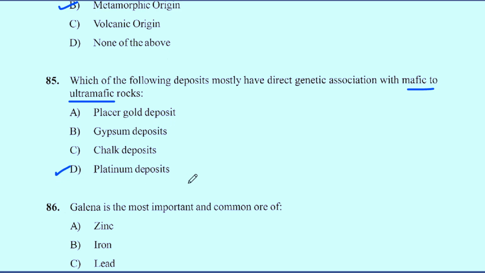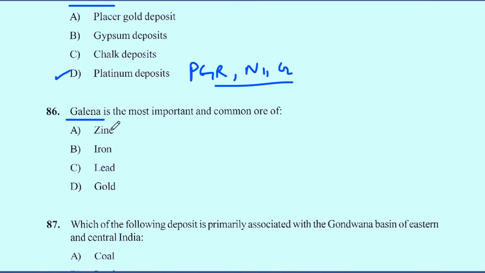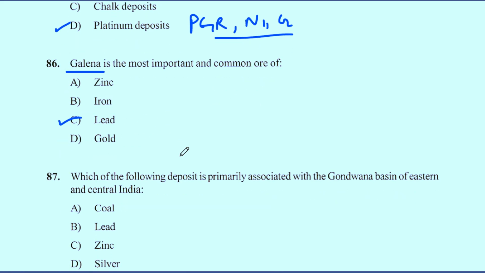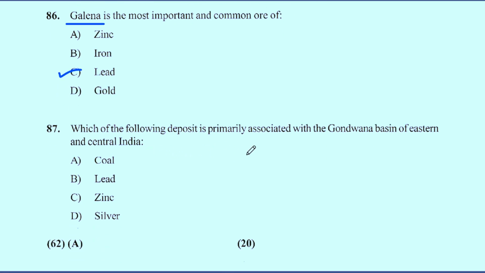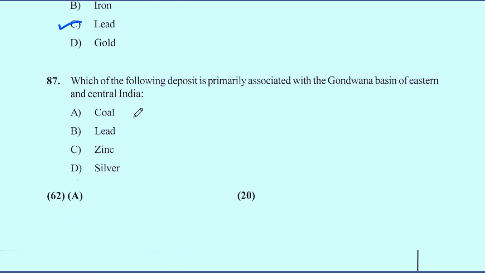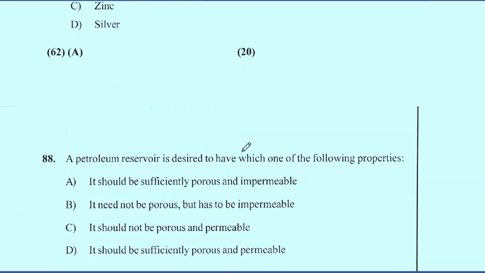It is pentlandite, PGE elements, nickel, chromium; all those things are associated with this. Next question: galena is the most important and common ore of, it is a simple question. Which of the following deposits is primarily associated with the Gondwana basin of eastern and central India? Simple question: in the Gondwana basin we get coal.